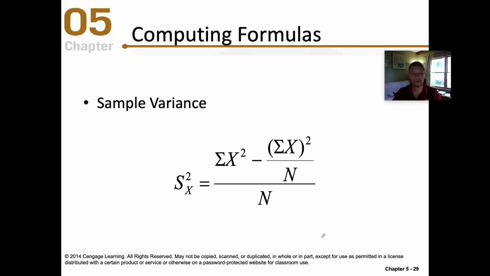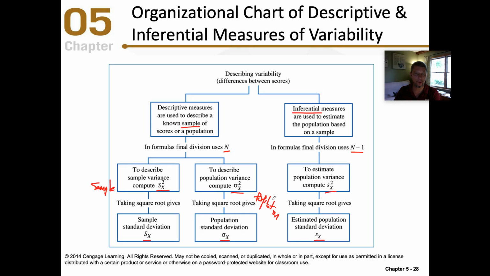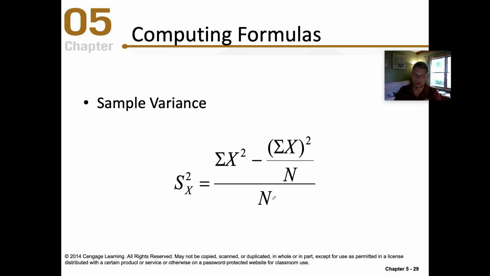Of course, in order to calculate the sample standard deviation, all I have to do is calculate the square root of both sides of this. But again, notice that this formula is written a little bit differently than we've presented it in the past. The key here is that we're dealing with the value n instead of n minus 1.